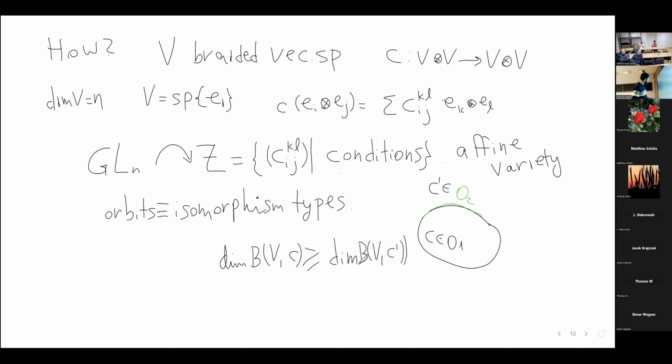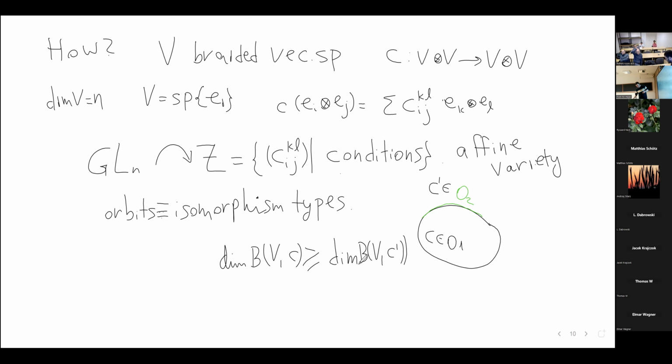I should say what I mean by B(V,C) and B(V,C'). So far I took for granted the braiding that I have. But the Nichols algebra depends on the particular braiding. And if I have two different braidings on the same vector space, then I need to mention what braiding I actually used.